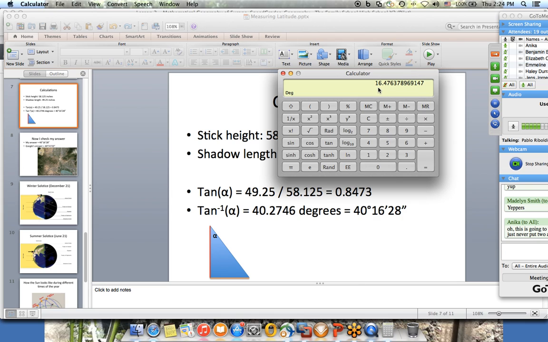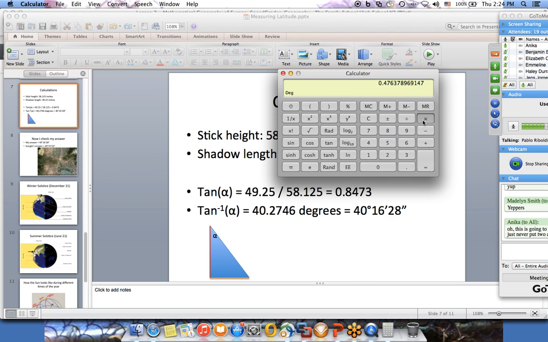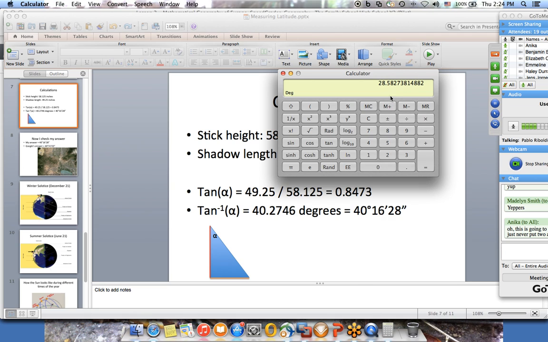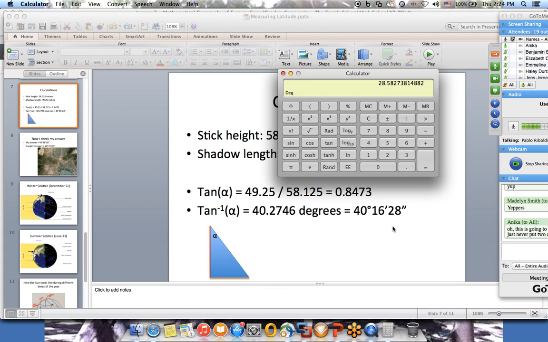That tells me 40 degrees, 16 minutes. And how many seconds? I take away the 16 minutes and multiply that by 60 again, because there are 60 seconds in a minute, and it gives me 28 and a half, 29 seconds. So that is how I did the measurement.